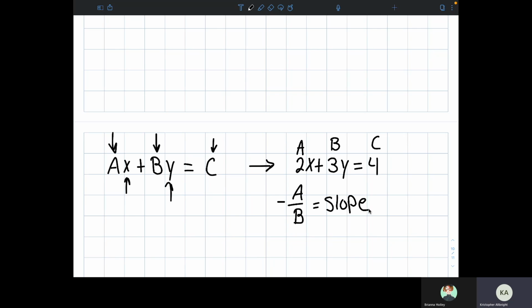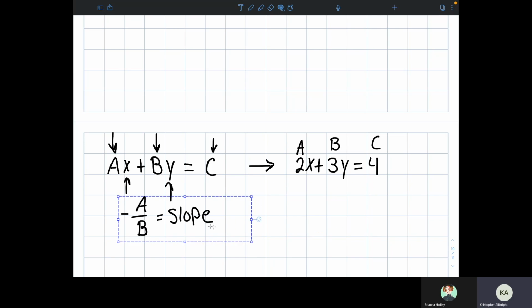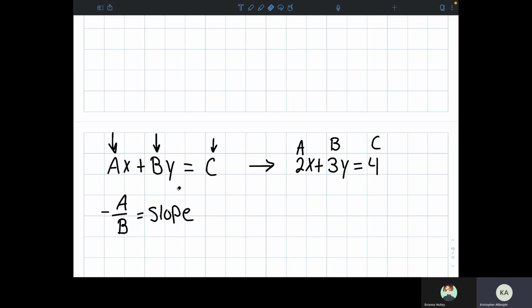So if I'm going to put this over here. If we pull slope out of this one that I've written here, then we're going to get negative 2 over 3, and this is going to be our slope.